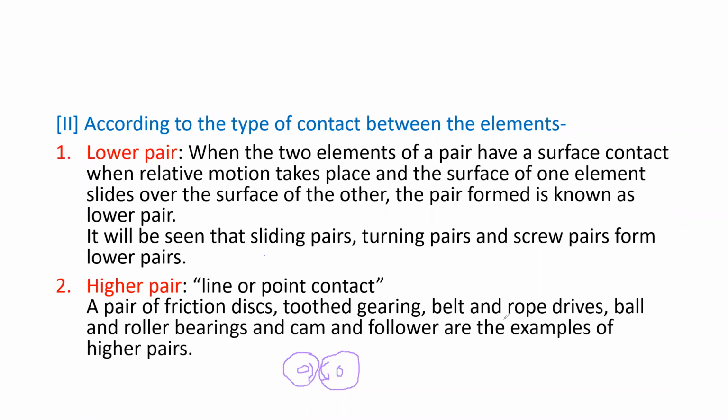Then belt and rope drives come under the higher pair. Ball and roller bearings: in ball bearing there is a point contact, in roller bearing it is a line contact. And cam and follower are also examples of higher pair.